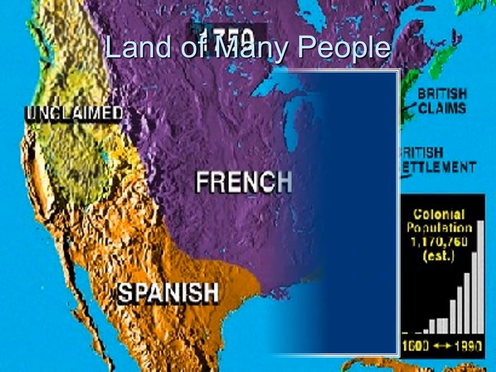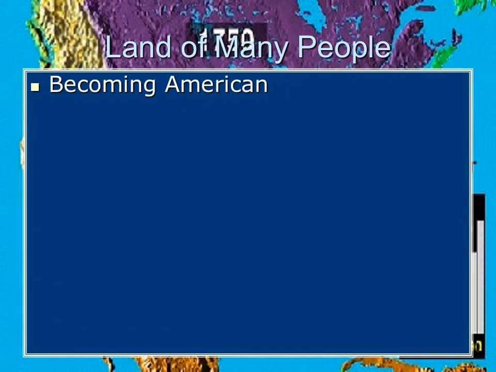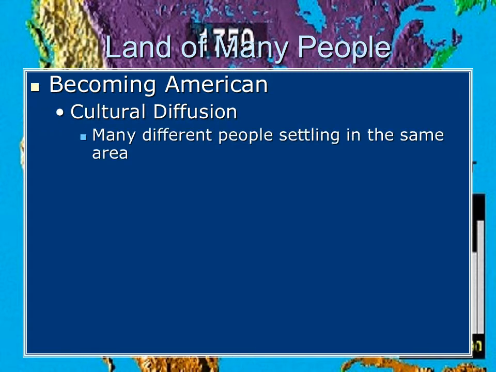But going back, looking at that land of many people in the eastern colonies, you have a great number of people coming in, bringing many different backgrounds and cultures. Because of that, that now allows for cultural diffusion.